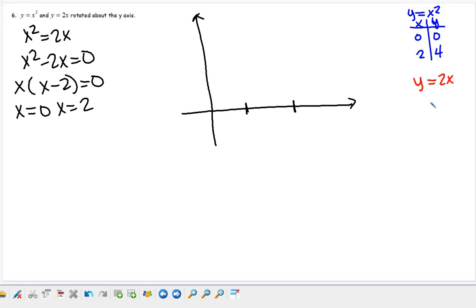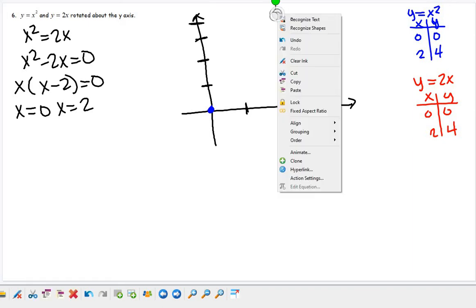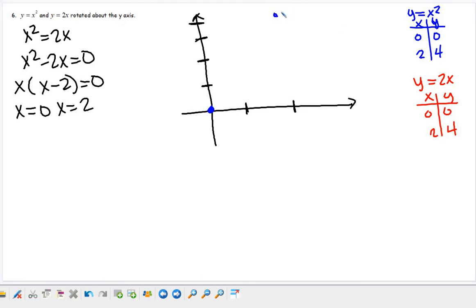Y is equal to 2x: 0, 4, which we should have expected because that's where they intersect, right? Just making a point. So they go through 0, 0 and 2, 4. And this is just a matter of knowing that it is a parabola. So it looks like a U, right? And then this is a linear function. So it goes through and it does like this.